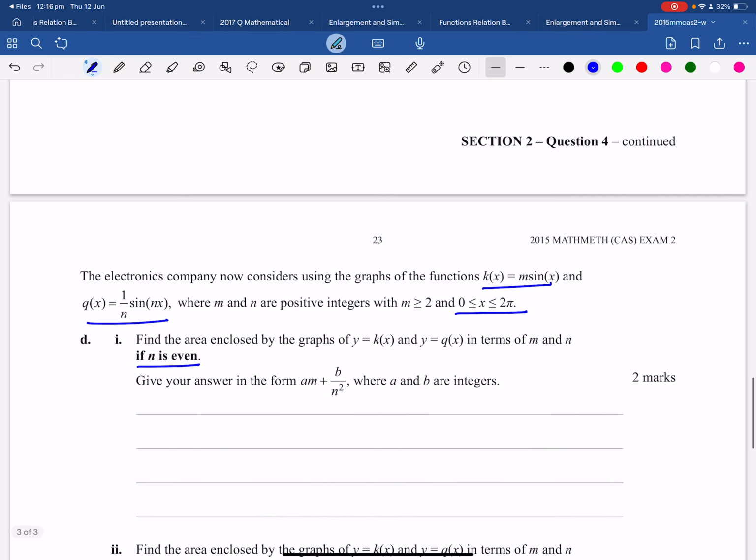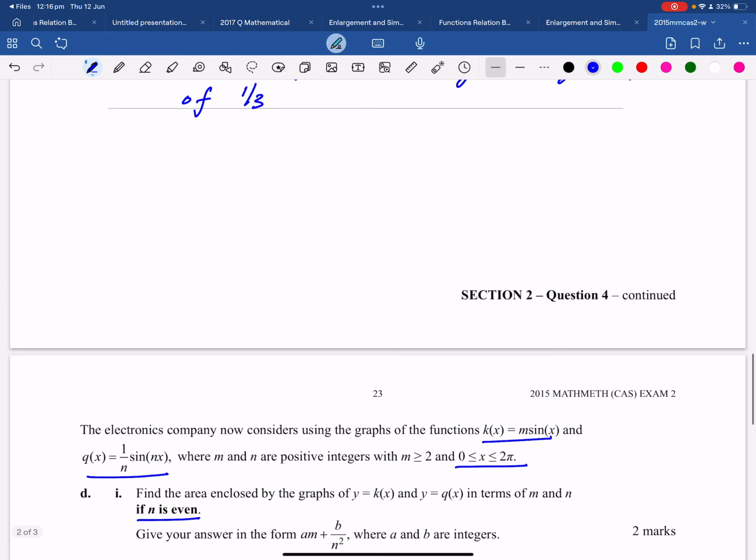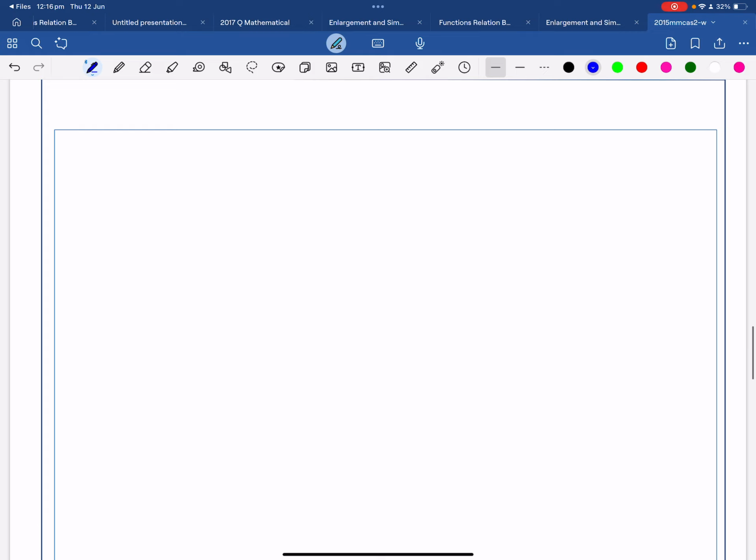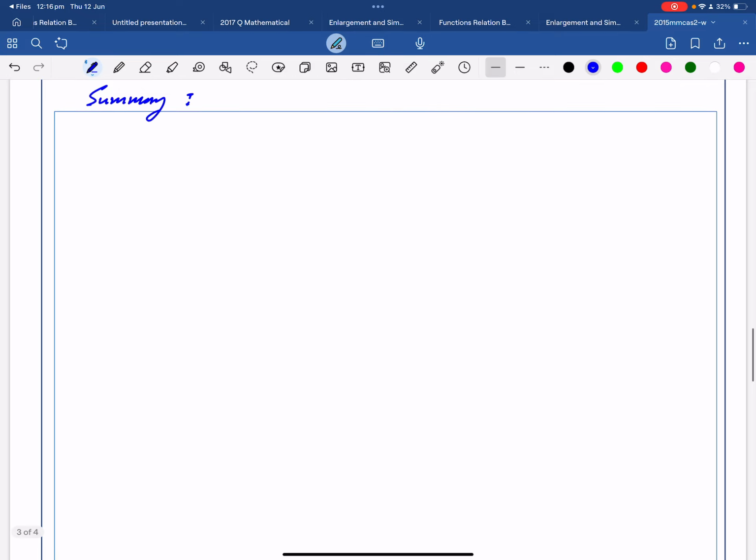Now we have to understand the holistic picture of this, right? So to understand the holistic picture, we will try to understand what we had before. If you look into the ABC parts, the summary of those 3 parts is this.